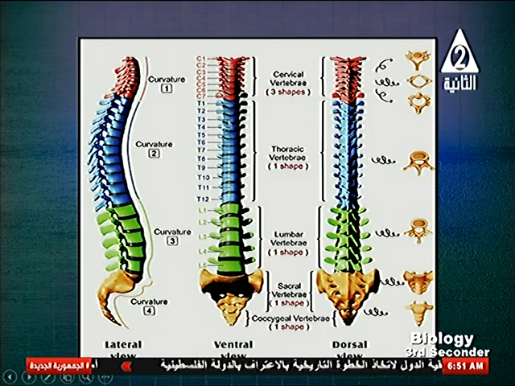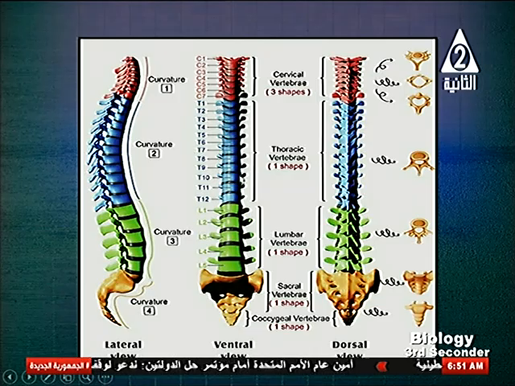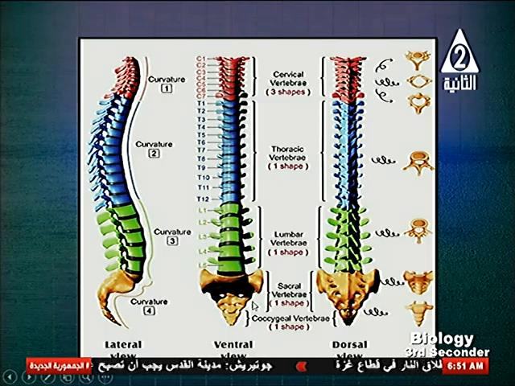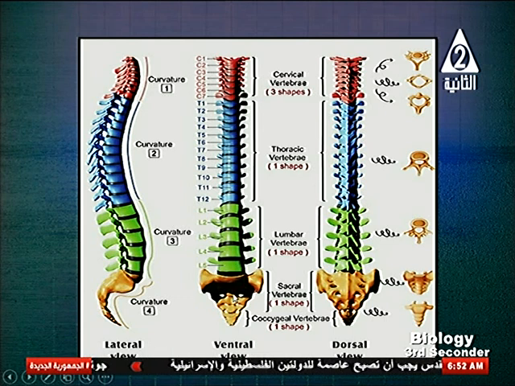Again, cervical vertebra, 7 vertebra, 7 bones. Thoracic vertebra, 12 vertebra, 12 bones. Lumbar vertebra, 5 vertebra, 5 bones. But sacral vertebra are 5 fused vertebra, not articulating, they are fused together. So we calculate them as 5 vertebra but 1 bone.